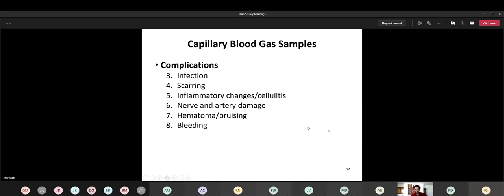And then bleeding from the capillary area is not that bad because we're not thinking about a vessel that's under high pressure, like say an artery. With an artery, your blood pressure is high, and that's going to push the blood out even faster if it's still bleeding.